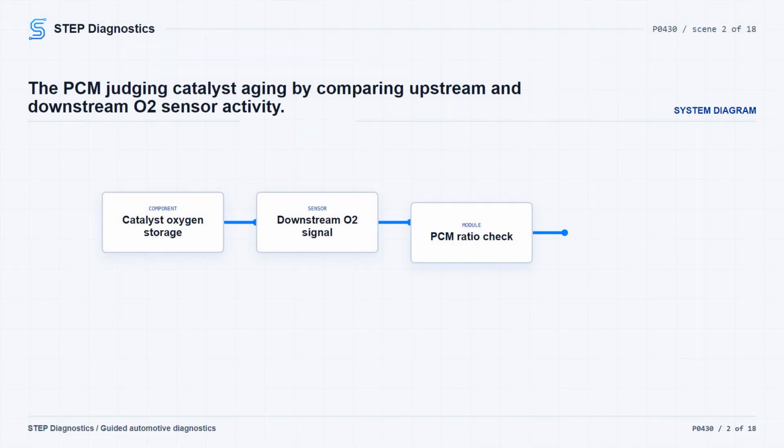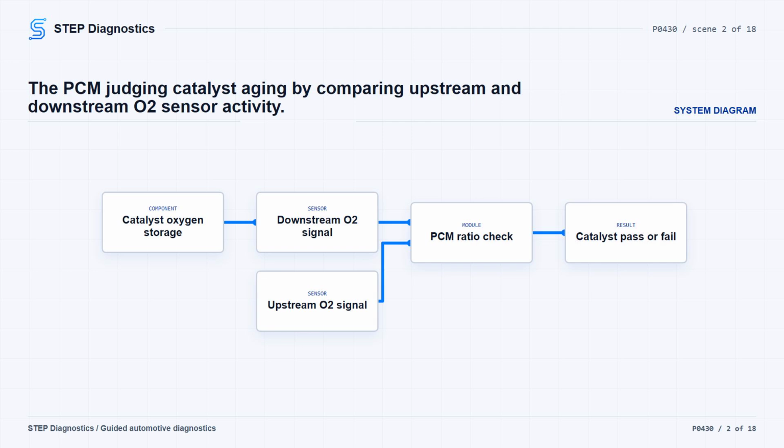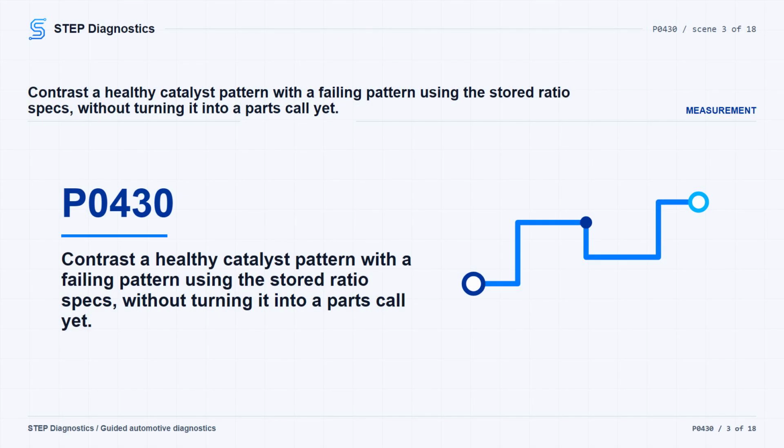The catalyst monitor uses both the upstream and downstream O2 sensor signals to judge catalyst aging. As a catalyst loses oxygen storage capacity, the downstream sensor state of change increases and starts to look more like the upstream sensor. The PCM compares the downstream to upstream ratio over a calibrated period of time.